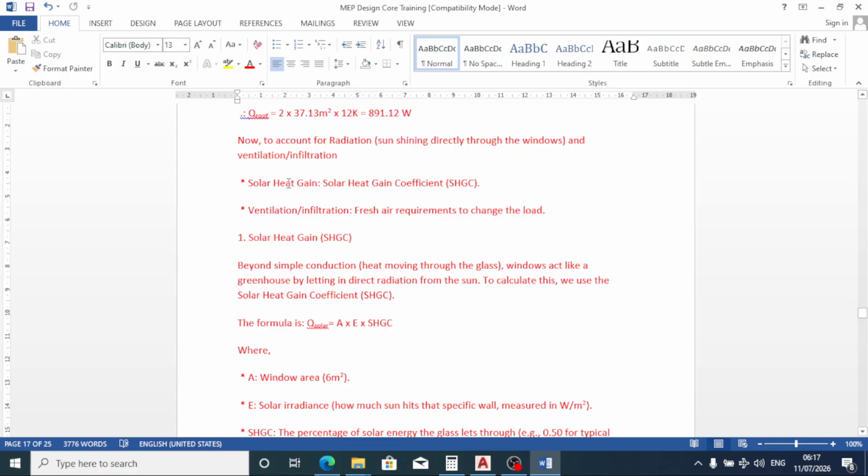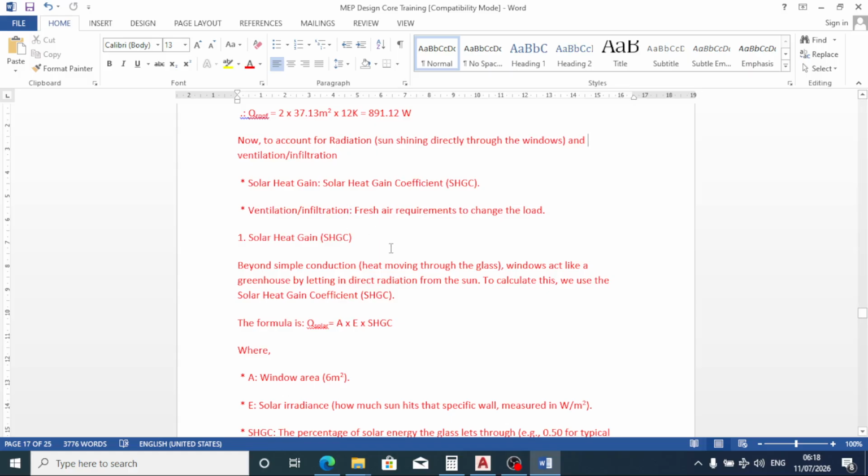So now, solar heat gain coefficient of our glass, since we are assuming an ordinary clear glass, we are going to assume 0.6, meaning it will allow 60% of the sun shining on it to come into the conference room.